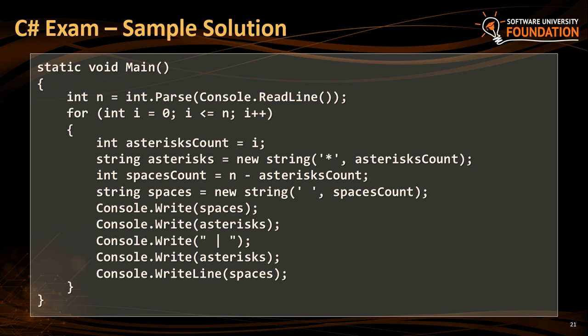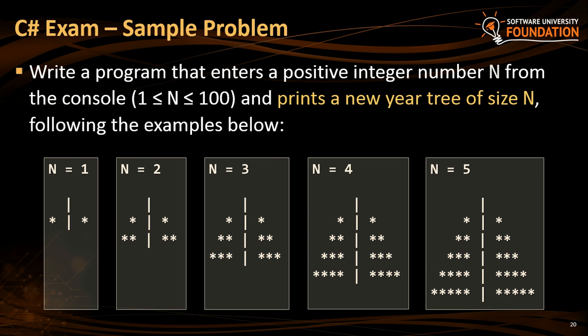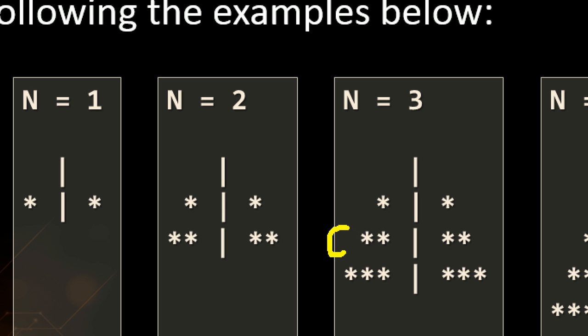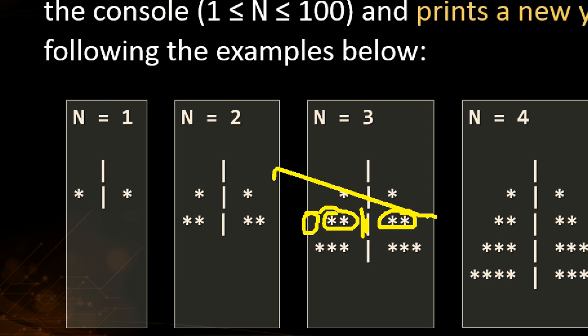You just make a for loop from 0 to n, and you calculate how many spaces to put here, how many asterisks to put here, then you print this, and symmetrically you print the same number of asterisks and the same number of spaces, and this is repeated for each one.